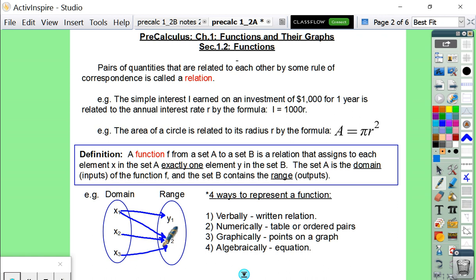So I have two arrows coming from it, which means two outputs. And so what would that look like if we were looking at points or coordinates? Well, if I put in a 1 and I get out a 5, but I put in a 1 and I get out a 3, this is one input, 1, with two outputs, 3 and 5. And that means it's not a function.